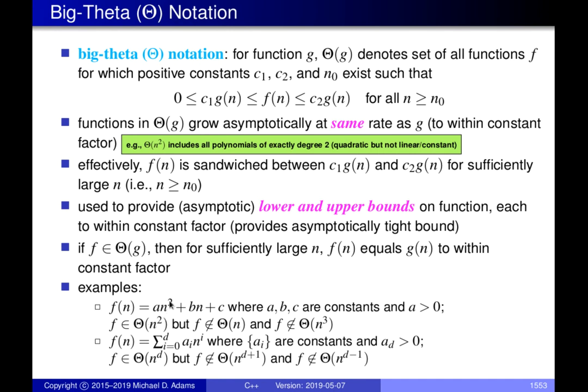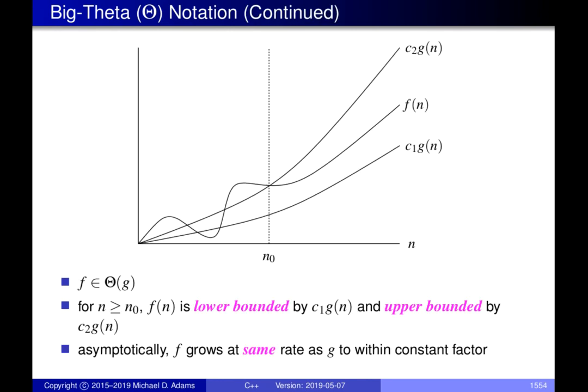It's just given by the largest or highest order term in the polynomial, because this term is going to dominate all the others when we let n go to infinity. And you can show that it's bounded above and below by a quadratic, n squared, just as an example.